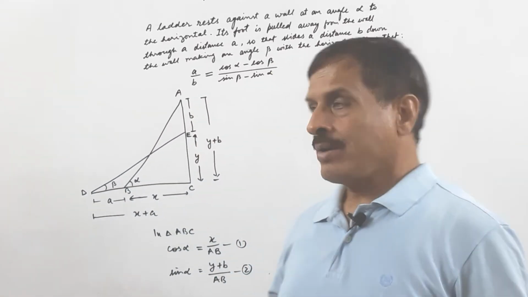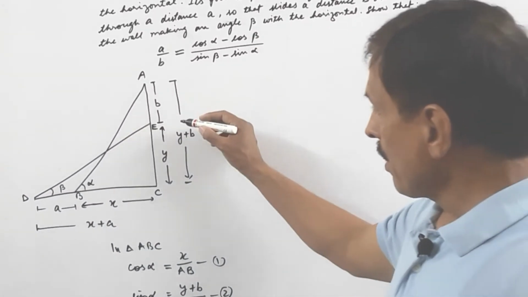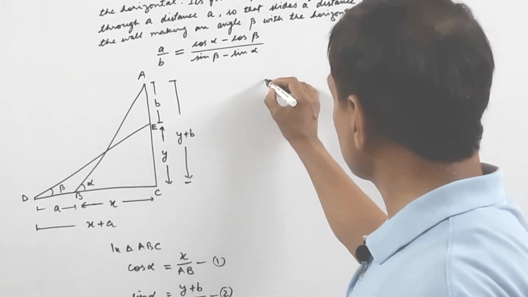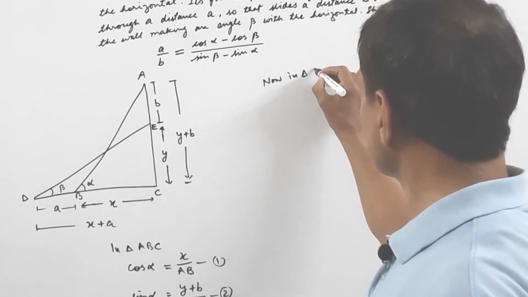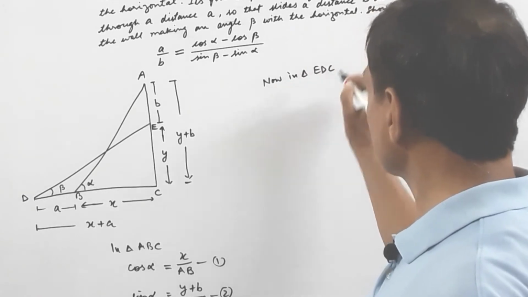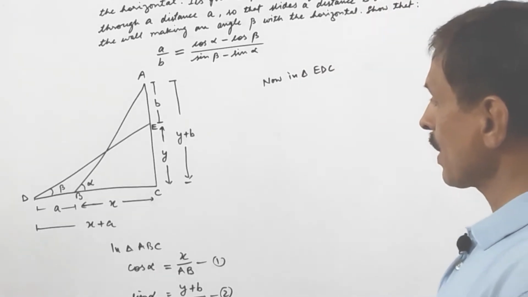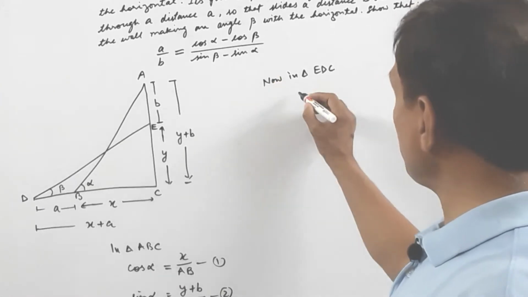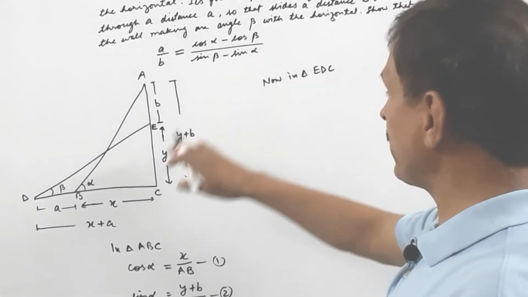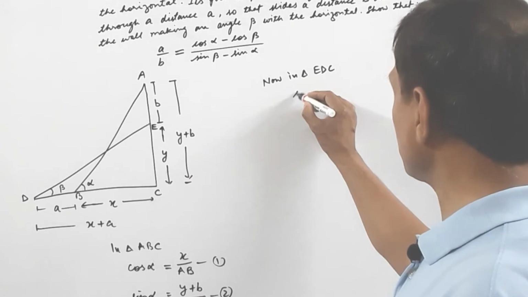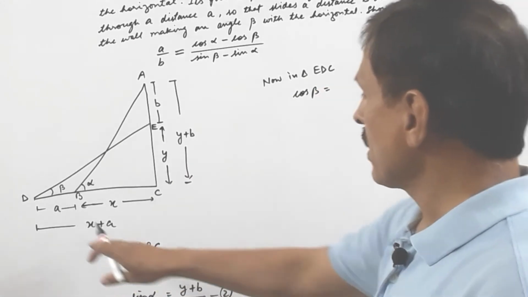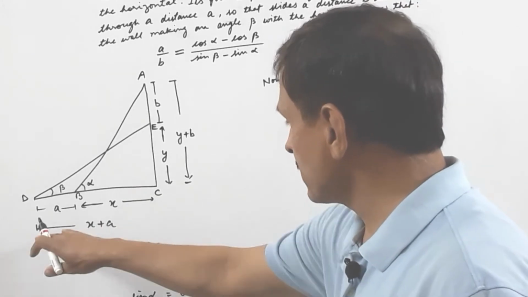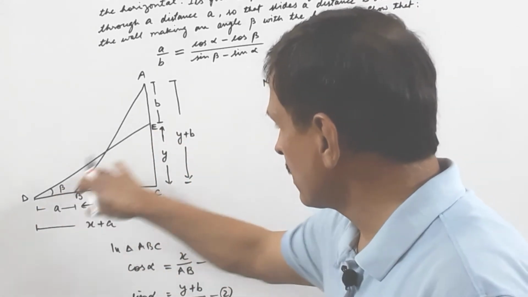Now in triangle EDC, sin beta and cos beta may be obtained. So we consider cos beta is equal to base, that is DC, upon hypotenuse DE.